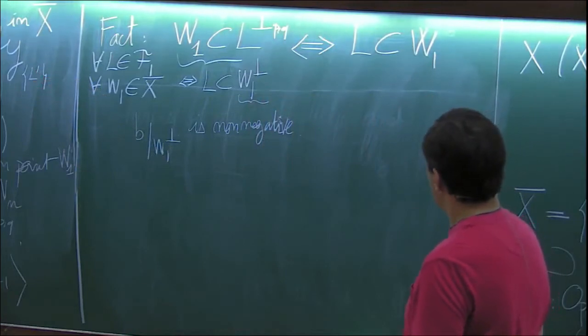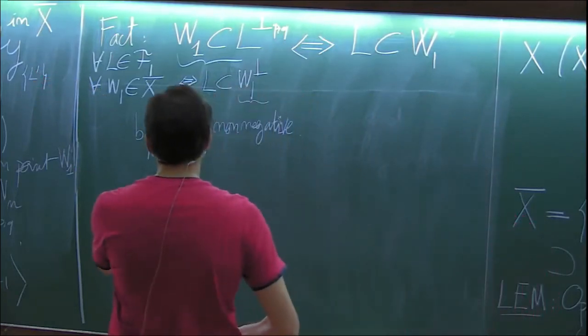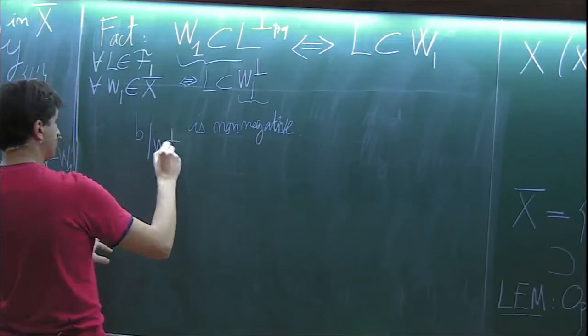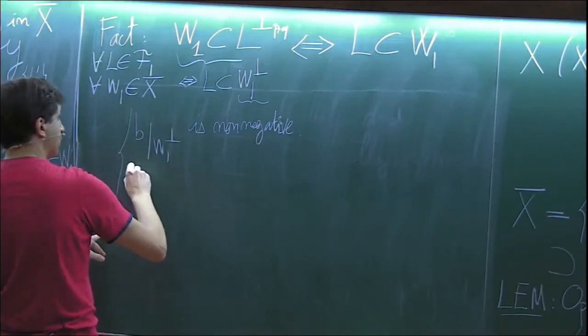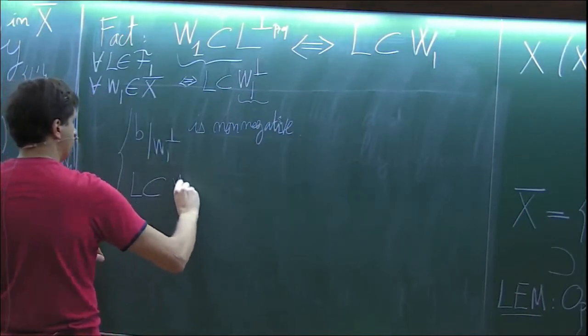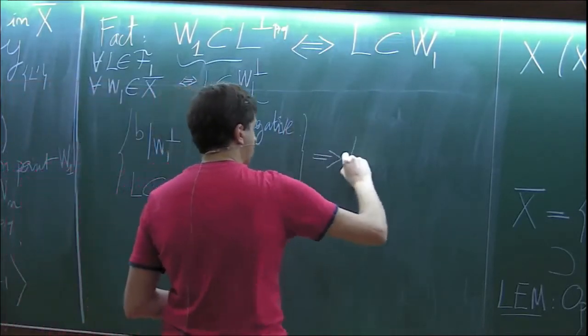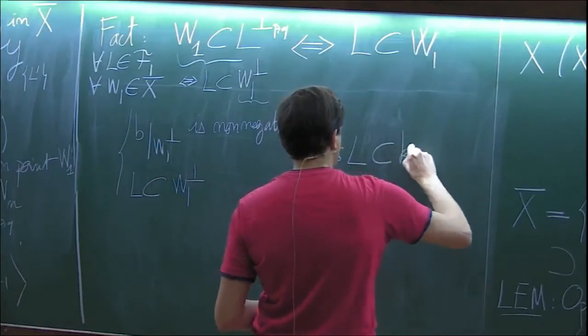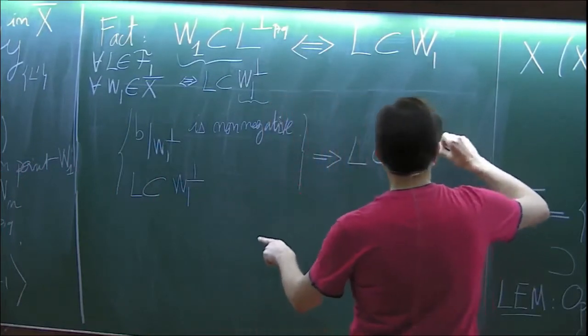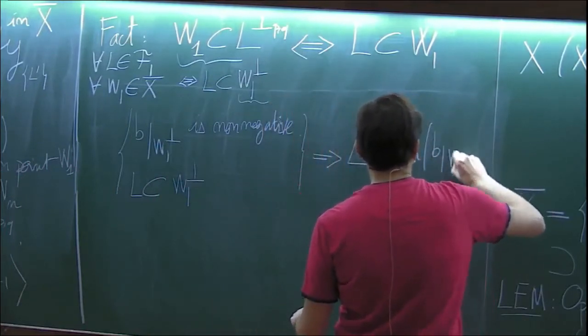So if you have this proposition and L included in W1 orthogonal, this implies that L is included in the kernel of the quadratic form.